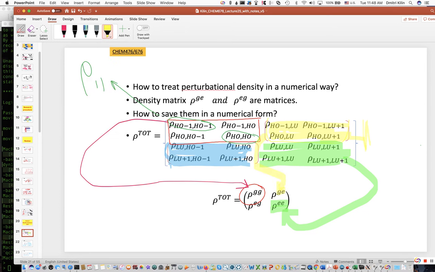Because the explicit form of these blocks is very exhausting. It's too much information. But we do need an example. I typed these equations into this matrix in explicit form, just to show explicitly what is assumed under this notation. So in the ground state, only the diagonal elements in the red block are non-zero.